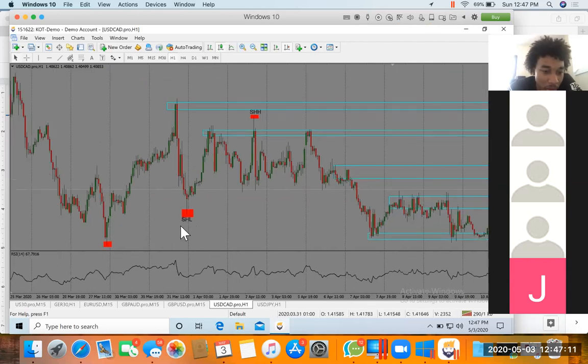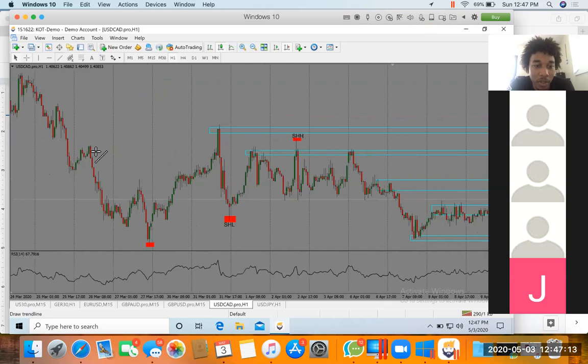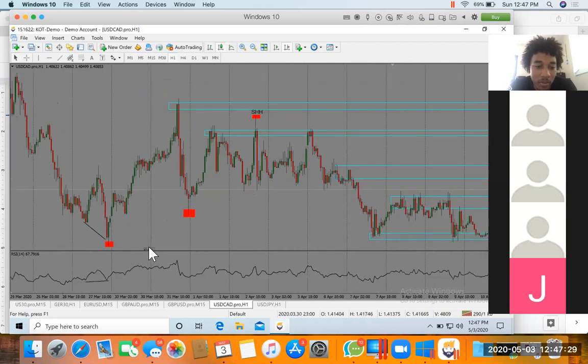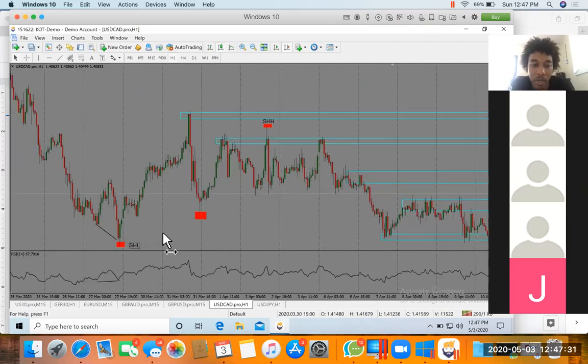I think, yeah, another one with divergence right here. This is going down. W, obvious W, while right here, it's going up. Gave you a stop hunt low on the second leg. Gave it away.